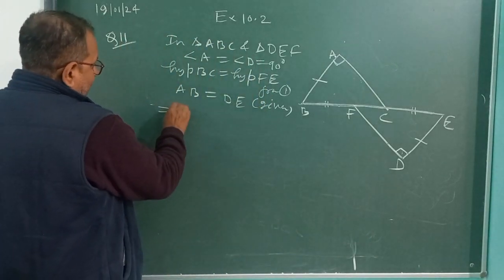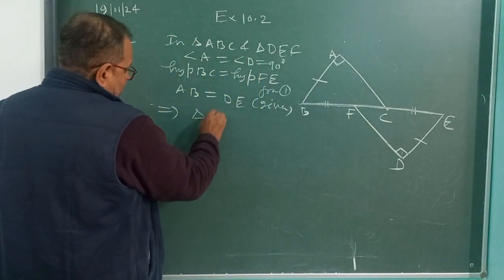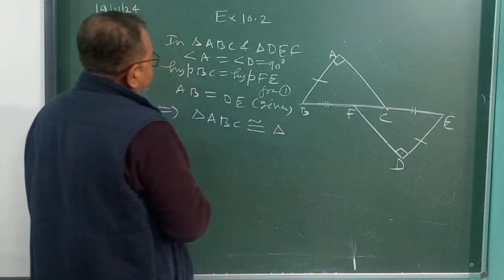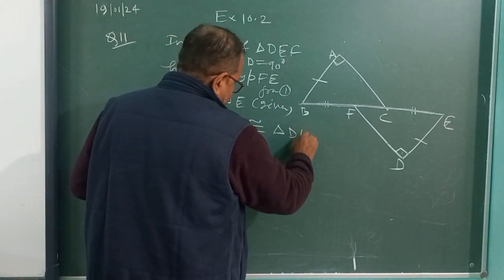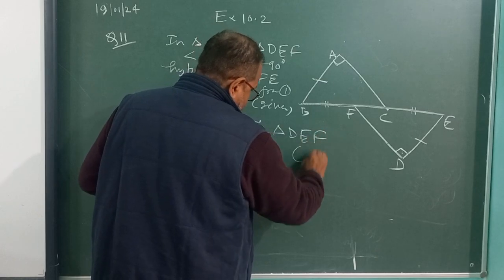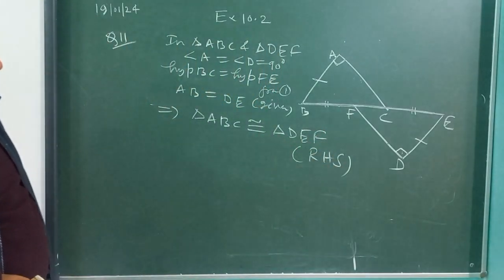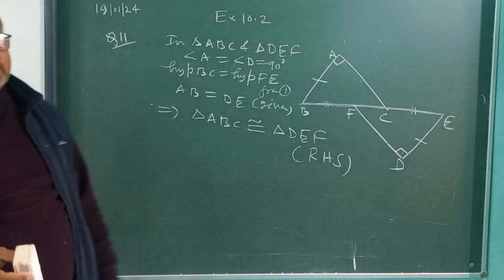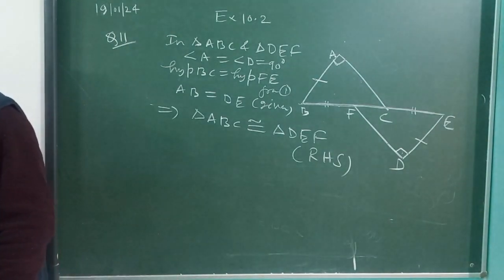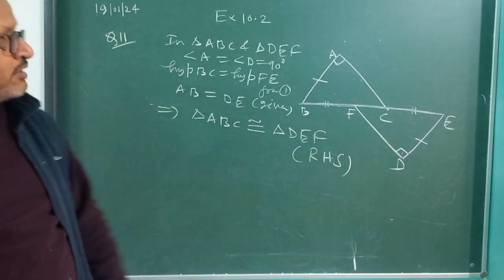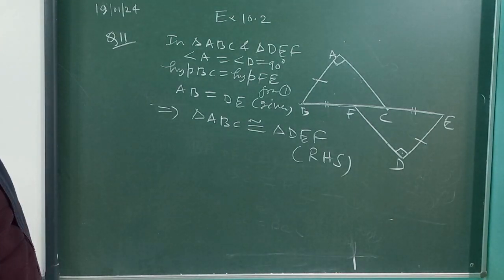So we can write triangle ABC congruent to triangle DEF by RHS. So it was question number 11.